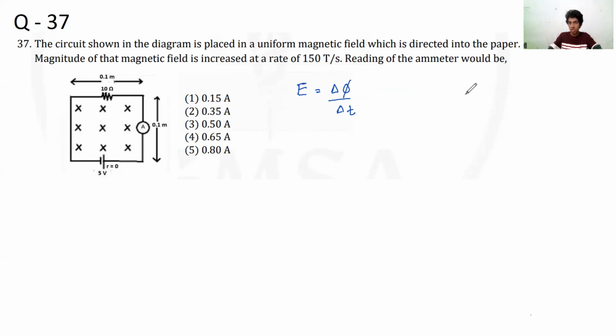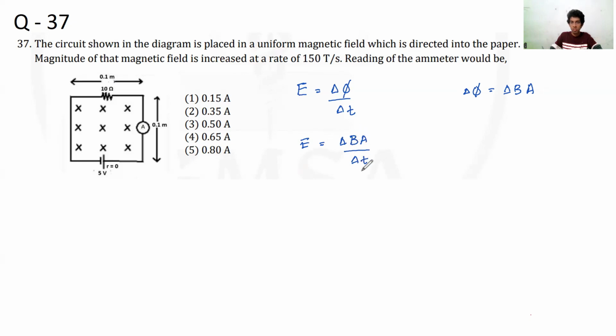And we know delta psi is equal to delta B times A. Psi is the magnetic flux and B is the magnetic flux density. So the change in magnetic flux is equal to the change in magnetic flux density times area. So here we can substitute delta psi by delta B times A, over delta t.